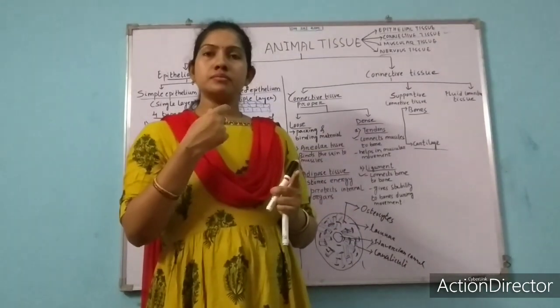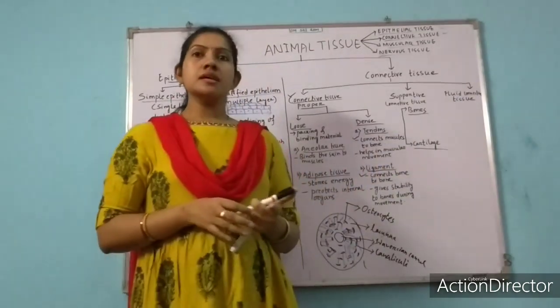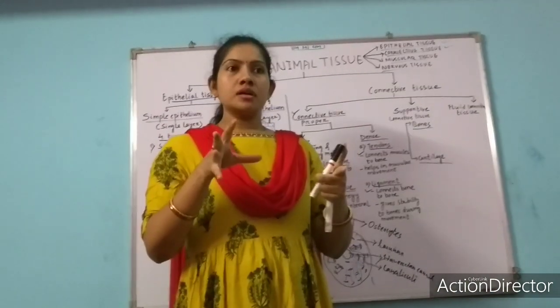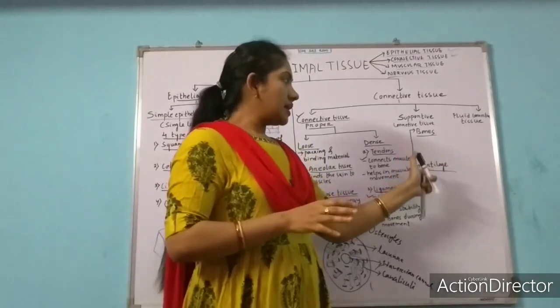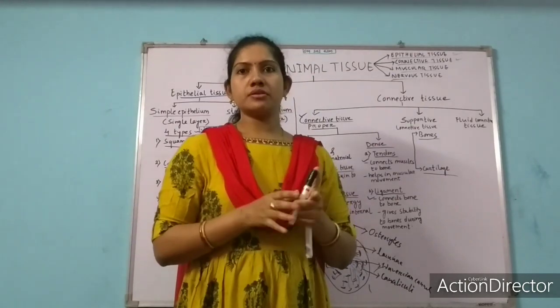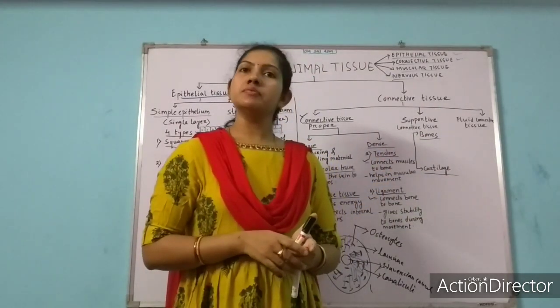Trachea also has cartilage. These cartilage support the organ and help to maintain the stability of the organ. Only remember, cartilage are the soft bone which are present in some parts of our body. So this is all about supportive connective tissue.